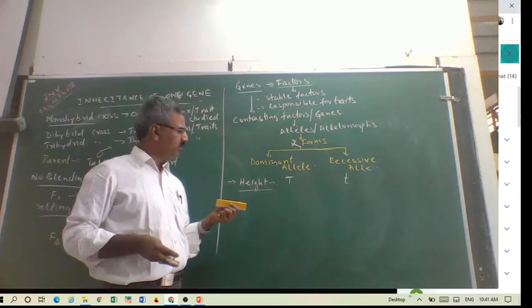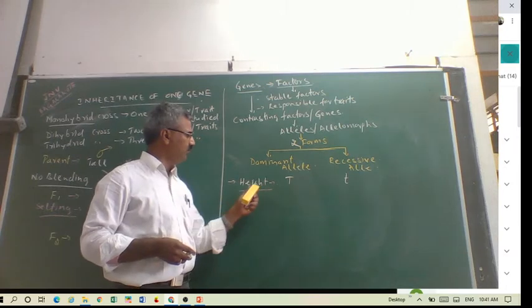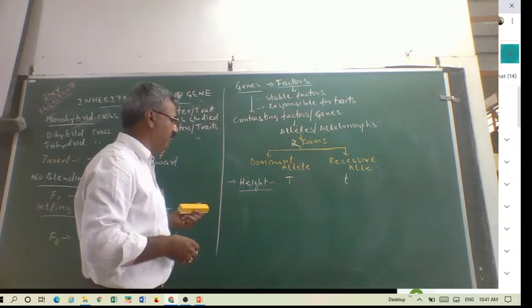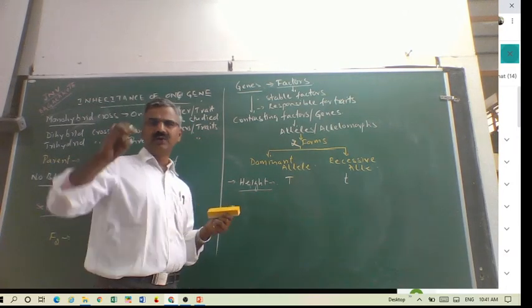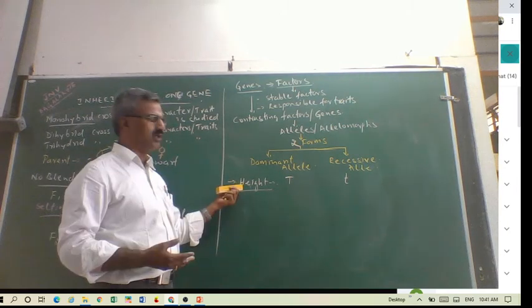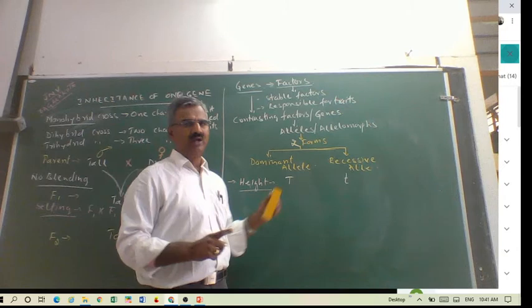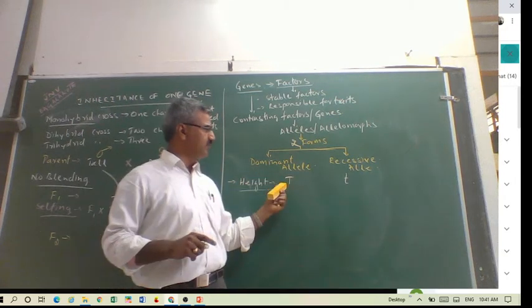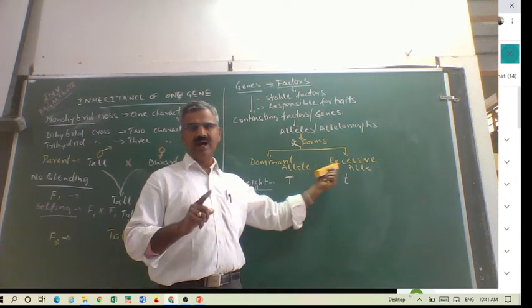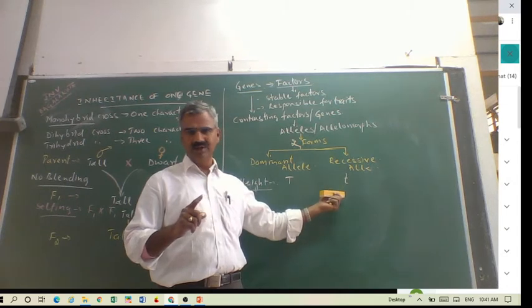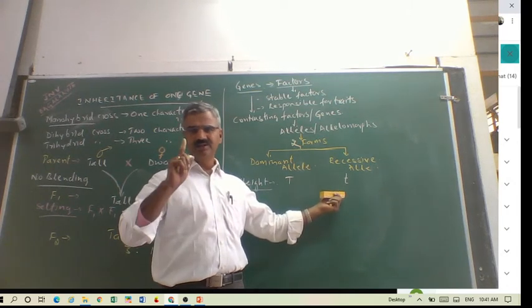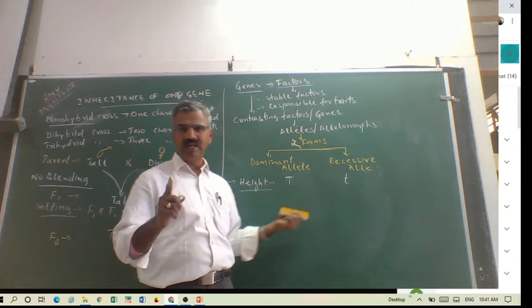So then coming to the issue. Capital T and also small t we have given here. Like that, you can use, suppose if you want H also you can use it. Capital H, small h. Only thing is that always the dominant allele is going to be shown as capital T and the recessive allele is going to be shown as small t or small letter.